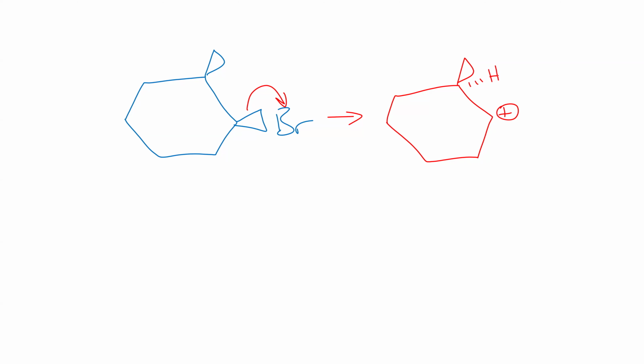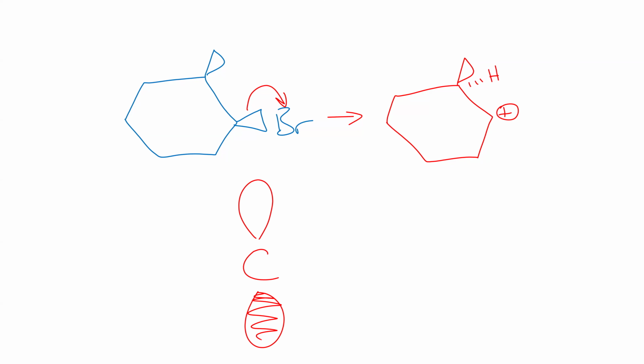Basically, what happens is your carbocation has an unhybridized p orbital because it's got an empty spot in its valence, right? That's not all that stable.